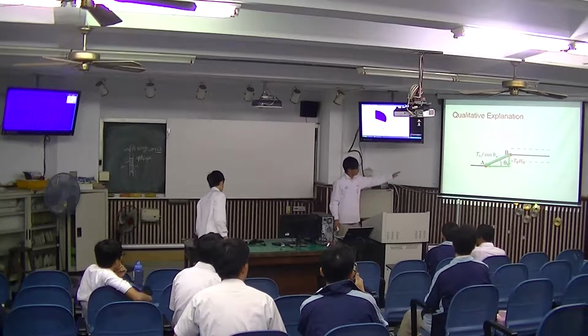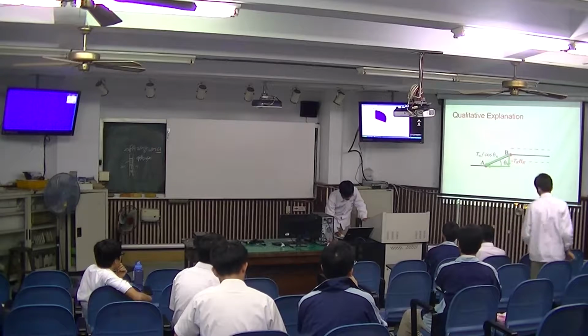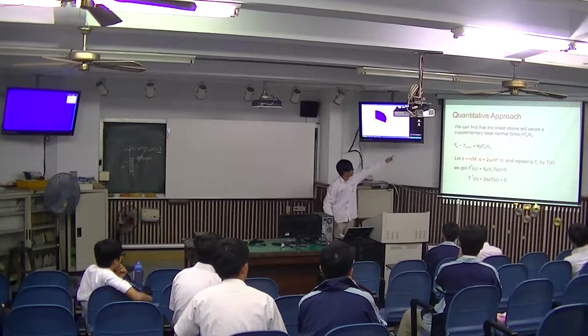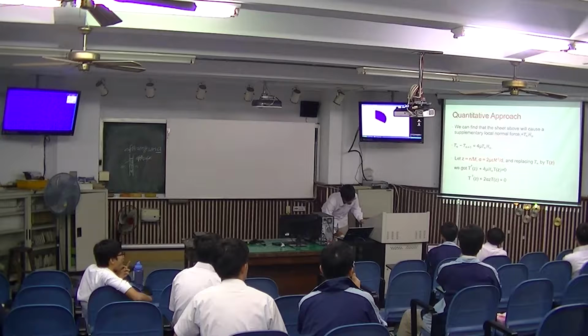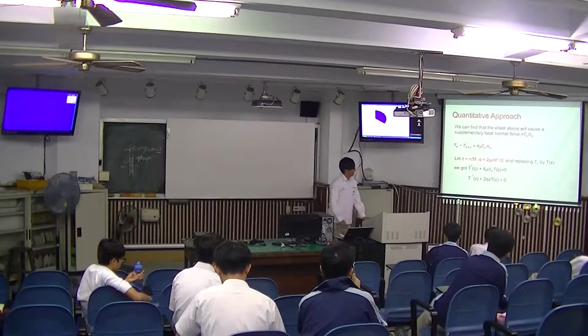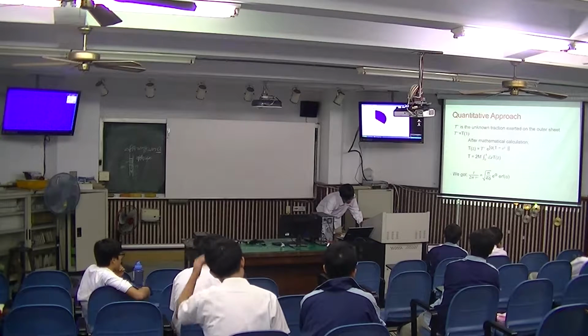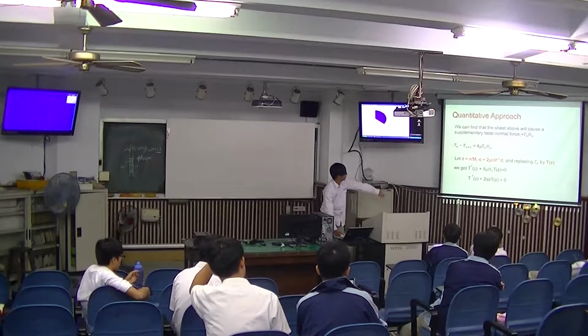So the normal force is equal to Tn times tangent theta. And from the picture, we can know that Tn minus Tn plus 1 equals 4 times mu times Tn times Hn. And after some complicated mathematical derivation, we can get the final formula.